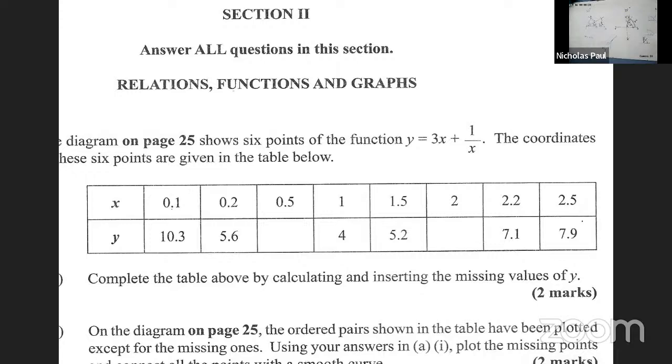One decimal place. All the points are to one decimal place.